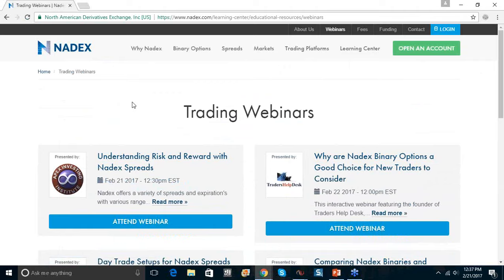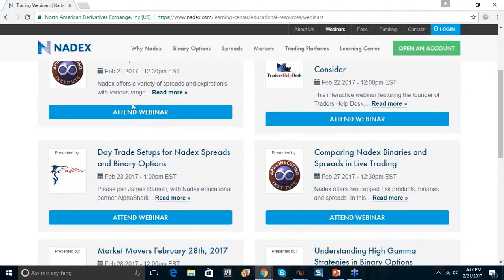For example, next week we're going to talk about comparing binaries and spreads, because a lot of you understand binaries. We're covering some spreads now, how they work, picking the right one, understanding real risk, and then when you have a good understanding of both, then we can talk about, okay, let's look at the market, let's look at some setups, and which one's better for us here.